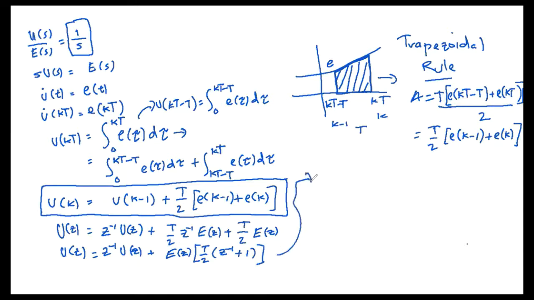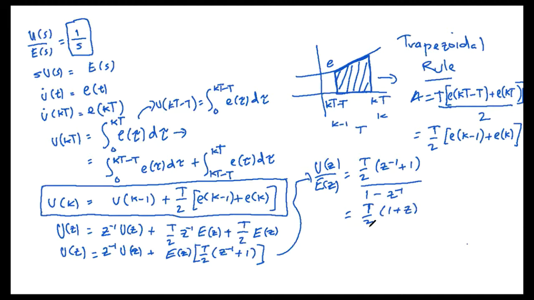Now U(z) over E(z) will become T over 2 into z inverse plus 1, divided by 1 minus z inverse, which is equal to T over 2 into 1 plus z, divided by z minus 1.